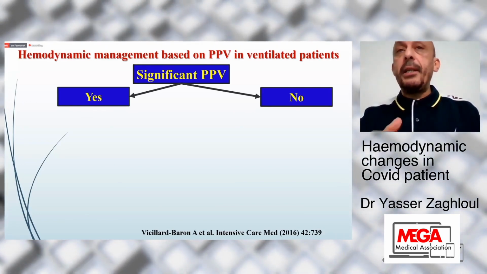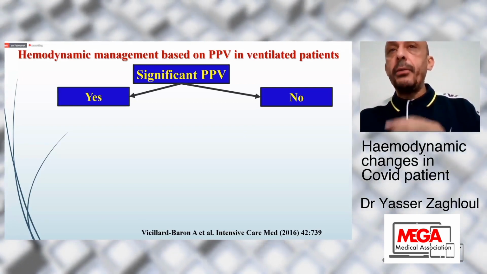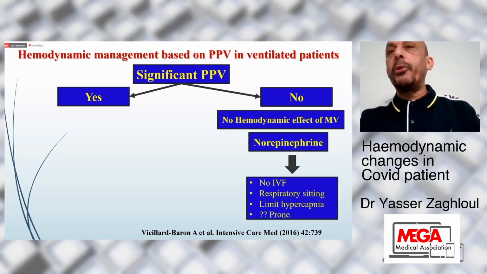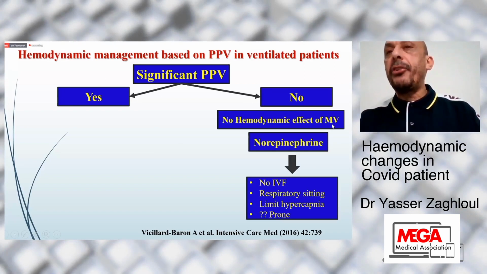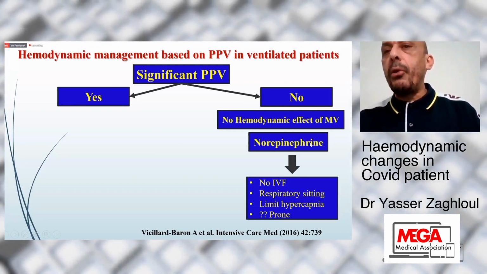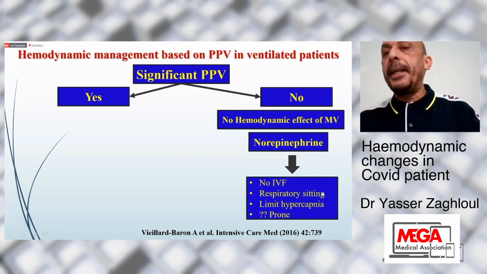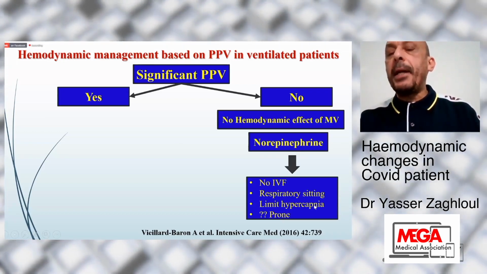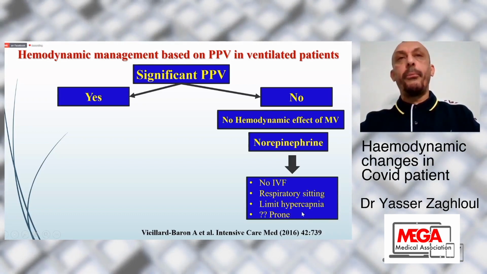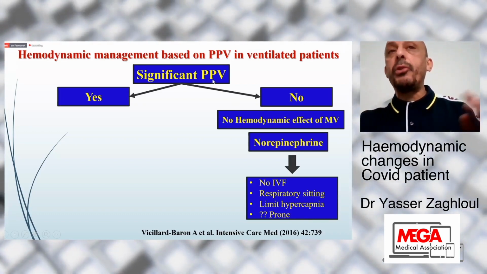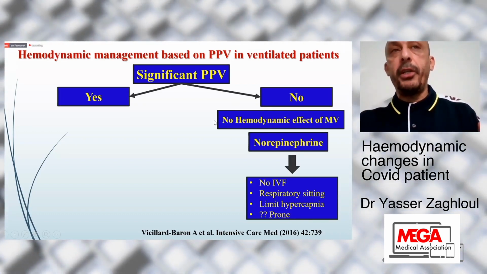If the patient has no significant pulse pressure variation, so no hemodynamic effect of mechanical ventilation, you need just to start norepinephrine, no IV fluid, adjust your respiratory settings, limit the effect of hypercarbia, and maybe use prone position.